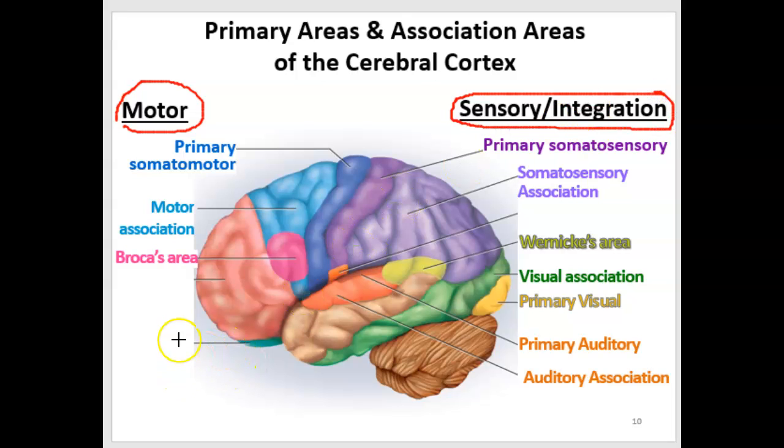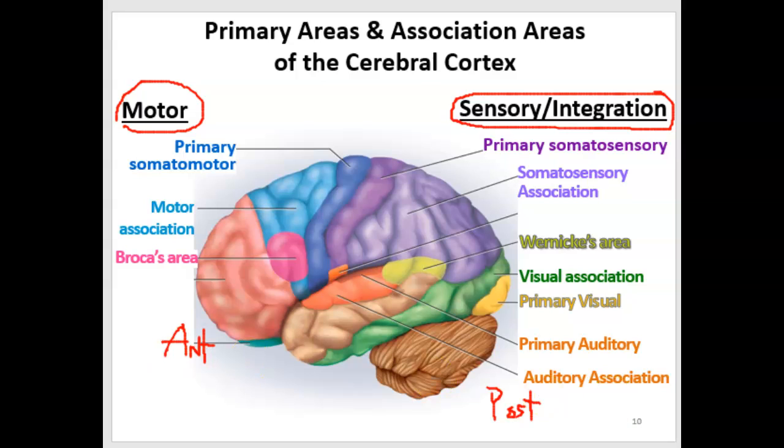And this is anterior and this is posterior of the brain. Notice right away, in general, motor areas, whether it be primary or association, tend to be located in the anterior part of the brain. Whereas sensory areas, either primary or association, tend to be located in the posterior part of the brain.